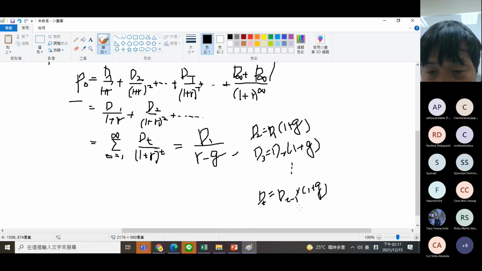If you have this kind of ideal assumption, you can arrange this equation into the new equation D1 over r minus g.